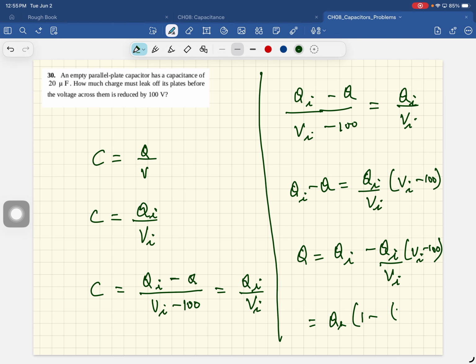Whenever you have a series combination, the effective capacitance is smaller than the smallest one, and we did get that.